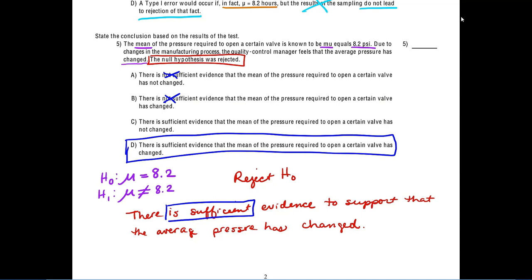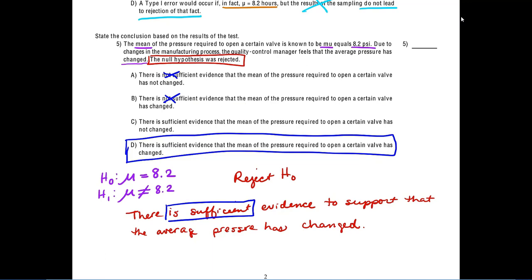It's learning the language of the hypothesis test. You are going to have to be able to say what your interpretation is at the end. I've done that in several of the examples in the notes packet.